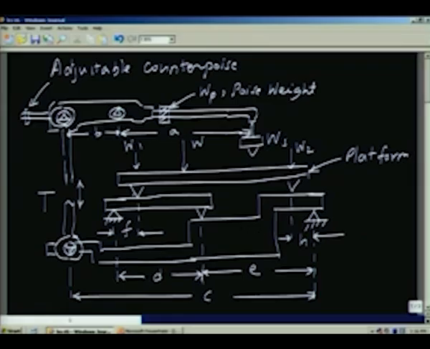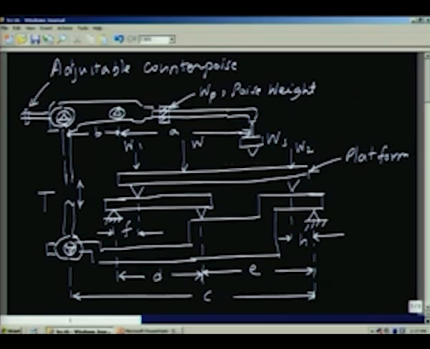So, this is resting here, and the force is applied here, and you can see what is going to happen. This force is distributed here and here. These two forces W1 and W2 are due to W, which may be placed anywhere on the balance. Of course, W1 plus W2 must be equal to W.